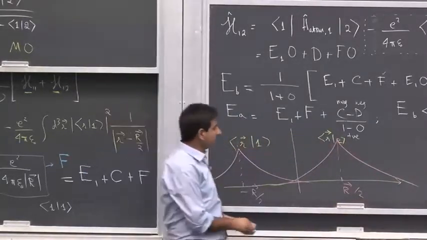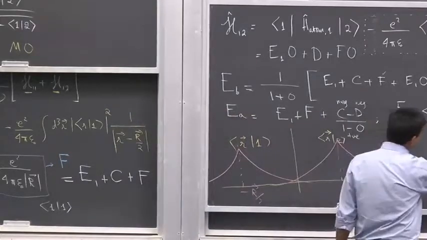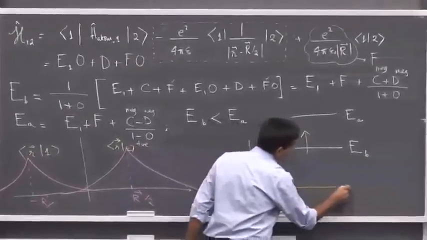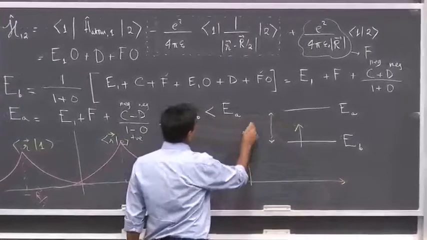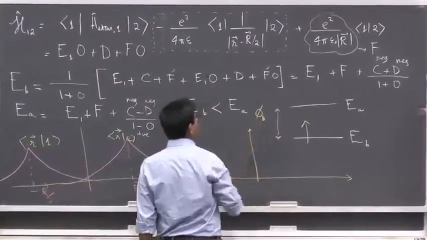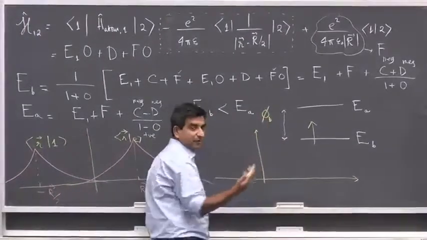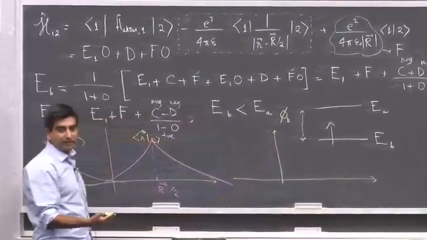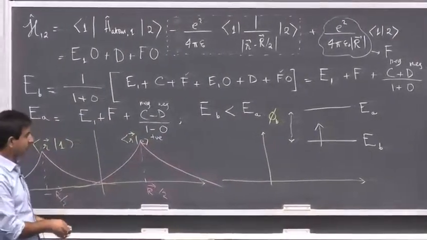Now if you plot the bonding molecular orbital wave function for the bonding state, phi b. Now if I don't put ket, it means the wave function. I'm representing this wave function in position space.